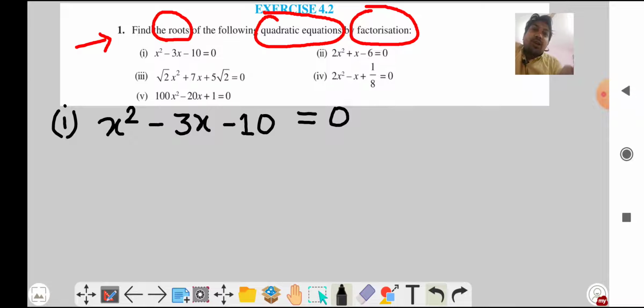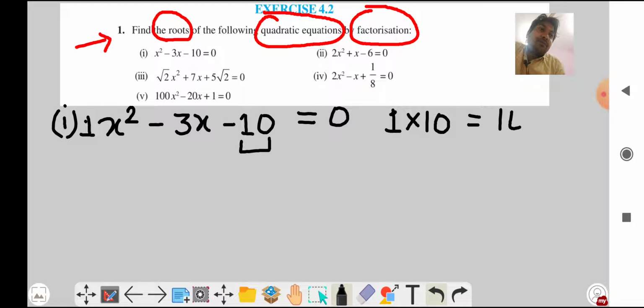First of all we see the coefficient of x square. What is the coefficient of x square? That is 1, right? And what is the constant term? It is 10. So the coefficient of x square is 1 and the constant term is 10. Just multiply the coefficient of x square with the constant term, and the result is 10.